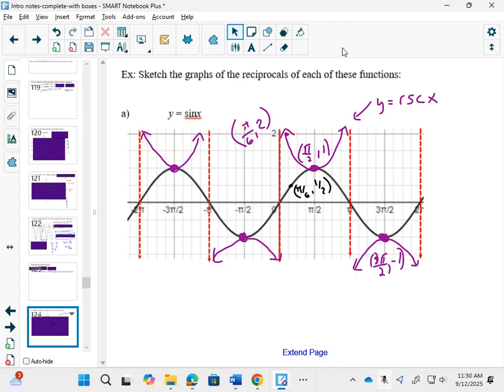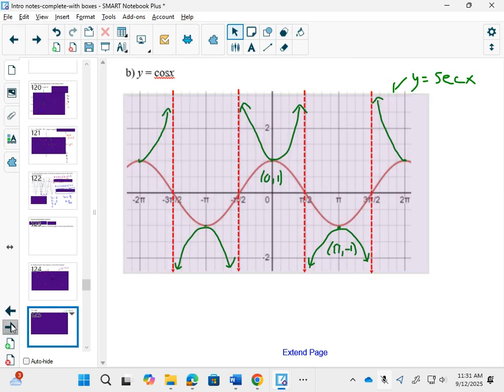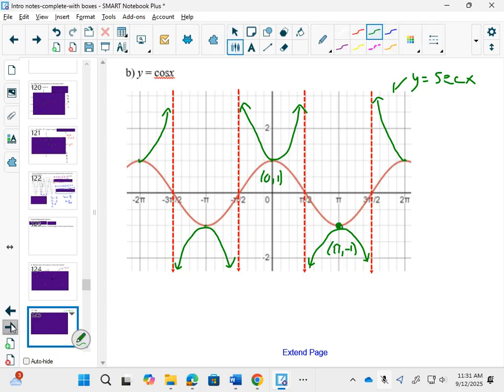I'll put up the answer for your secant graph. You can see how you did. Again, just get your asymptotes. Wherever it's 1 and -1, those ones are going to stay the same. And draw it towards your asymptotes.